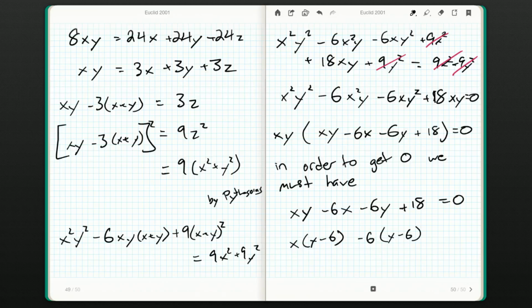So, in order to get this expression here, which I want, I'm going to add 18 to both sides.